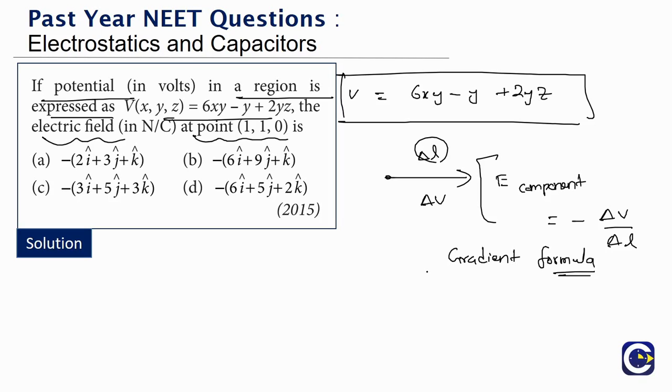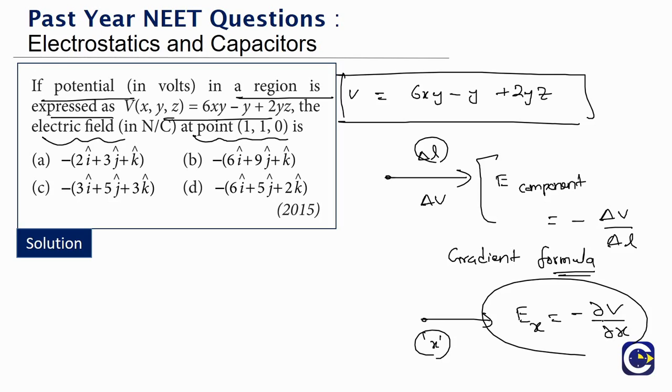What is the gradient formula? If we calculate the change in potential along the x-axis when the x variable is changing, then the component of the electric field along that x-axis will be given by minus dou V by dou x.